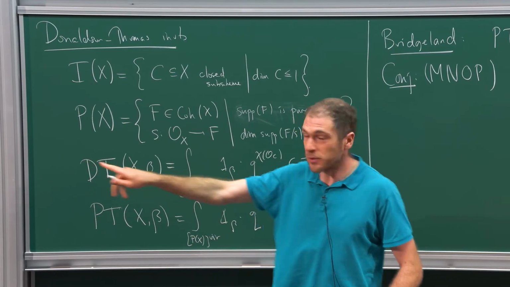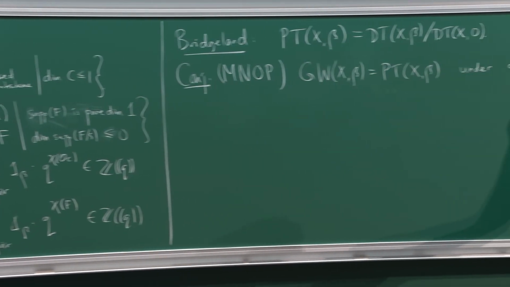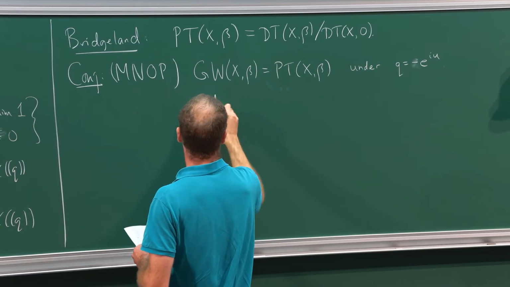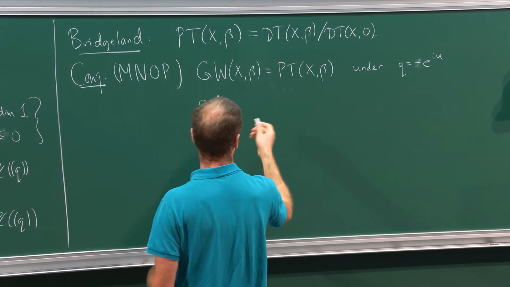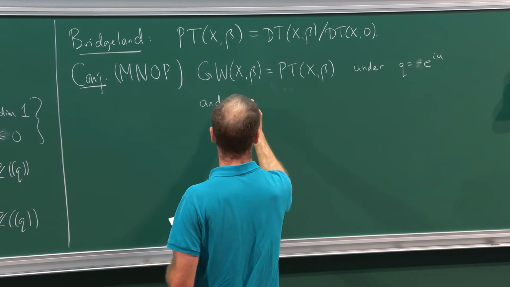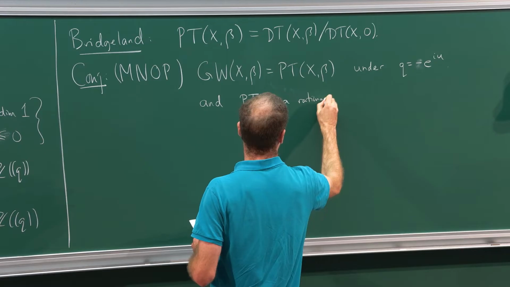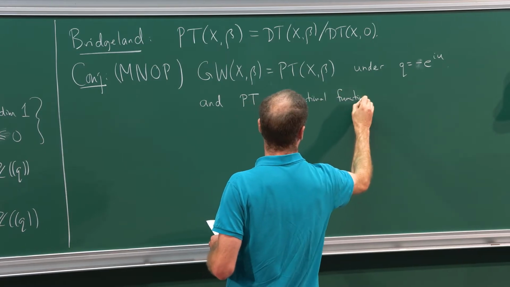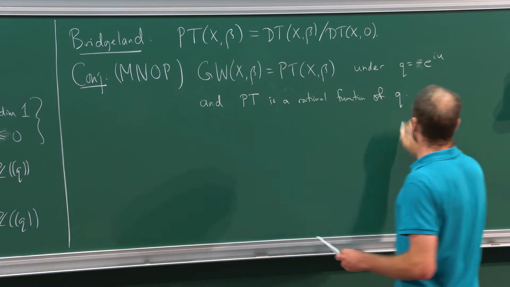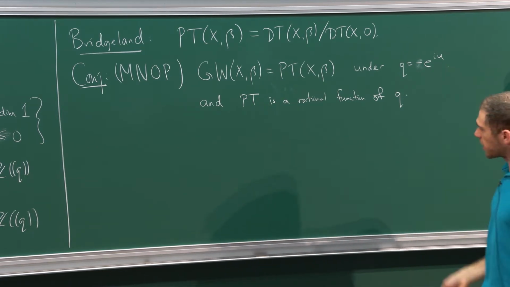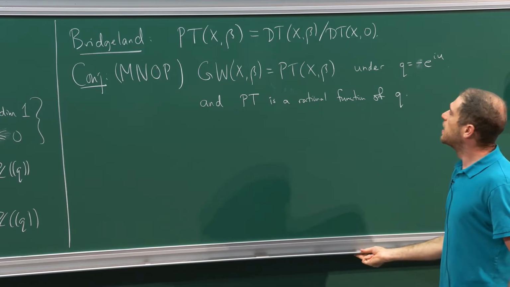That's an expansion around u equals 0, which is not respected by the change of variables. So the second part, which is sort of needed to make sense of the first part, is that PT is a rational function of q, and then it makes sense to substitute in this change of variables, which expands around q equals 1.